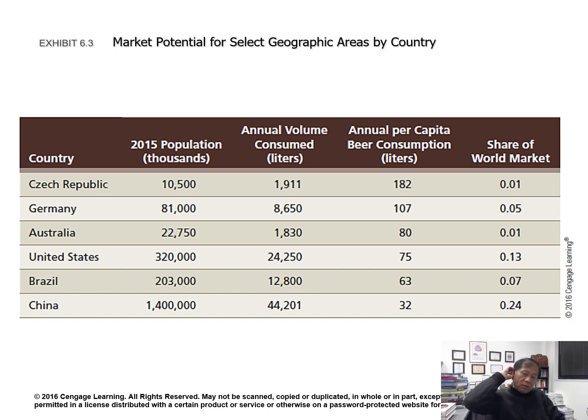We consume 13% of the beer in the world, whereas the Czech Republic, they drink a lot per person, but it's only like 1%. So if you're a beer manufacturer, you consider where to go for your next beer factory, right?